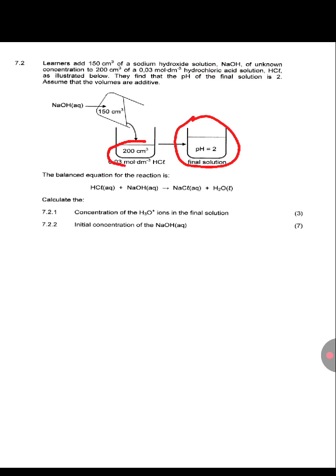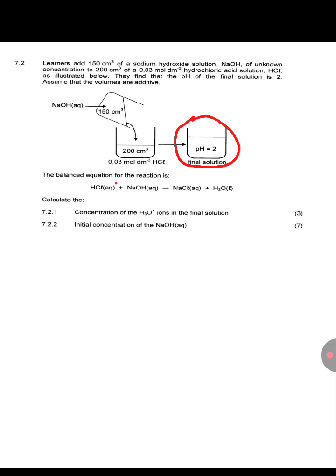So the concentration of hydrochloric acid is known. And in the final solution, they find that the pH is 2. Remember, pH does not have units.